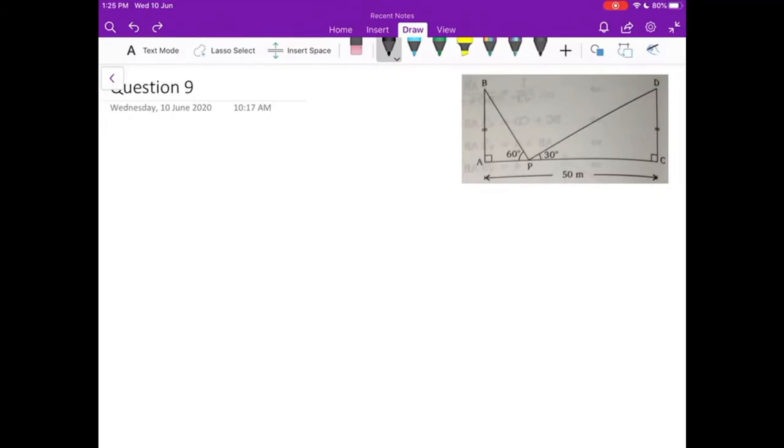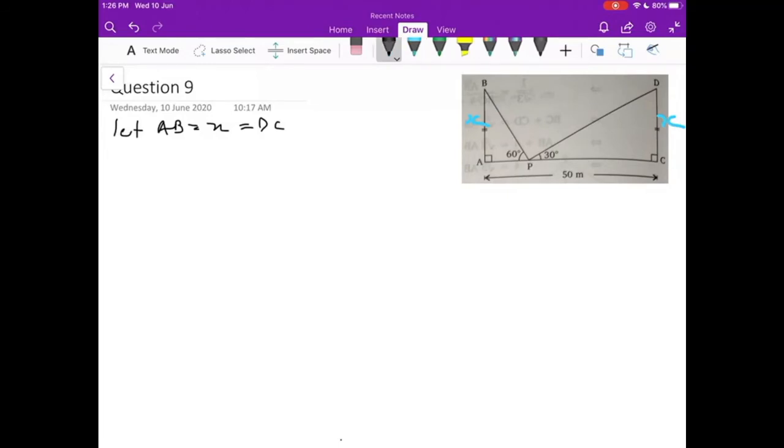Now what is AB? We don't know. So what I'll do now is I'm going to take the two triangles and solve for AB. Let AB be equal to x, but you know AB and DC are equal, so DC also is equal to x.